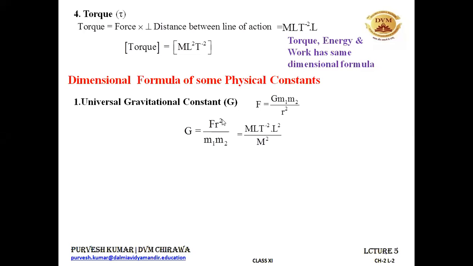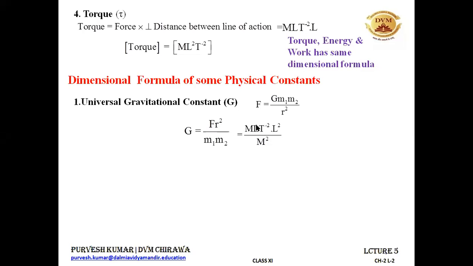The dimensional formula for force is MLT minus 2. For r square, that is radius square, it is L square. Since r stands for L, L to the power 2 is L square, and then m1 and m2 have the dimensional formula M multiplied by M, capital M, that is M square. So this is how you can find the dimensional formula for G.